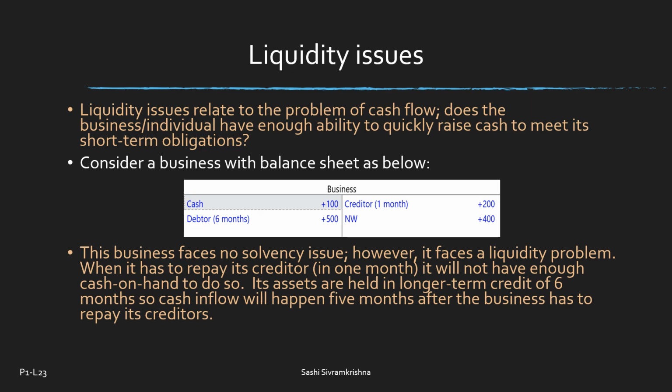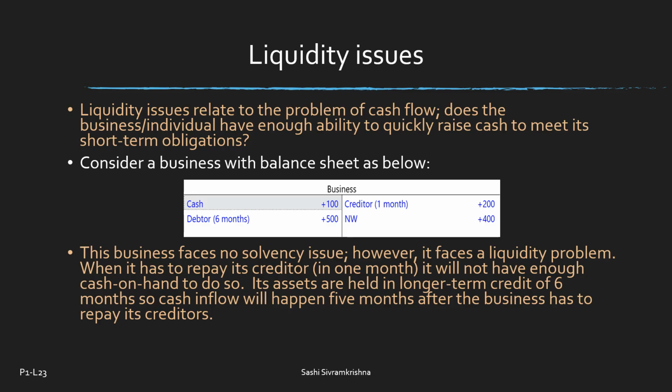Because the money from its debtors is likely to come only 5 months after this. And therefore, this company will face a liquidity problem after a month. It will not have enough cash on hand to discharge its obligations to its creditors.